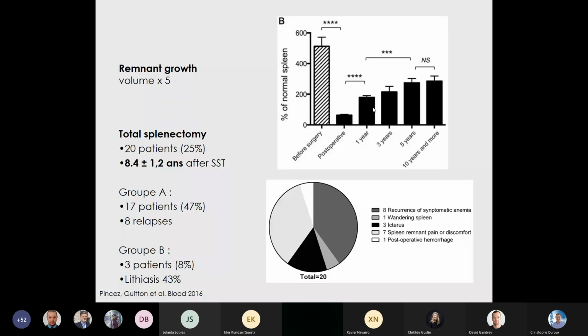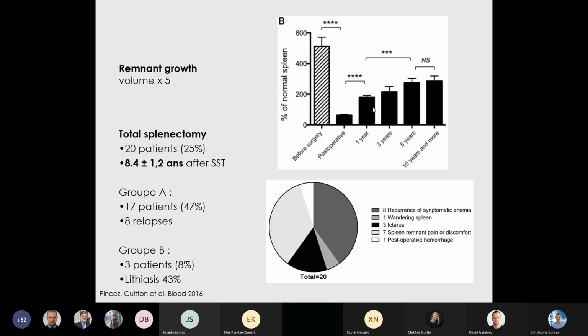The consequence is that sometimes this growth of the remnant is associated with relapse for the most severe patients. And in this series, around half of the patients of the severe group needed totalization, I mean, removing the spleen remnant. But this surgical intervention was performed after the age of 6 years, when we consider that total splenectomy is safer.